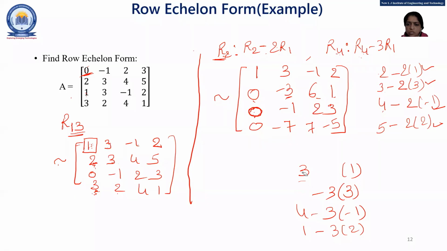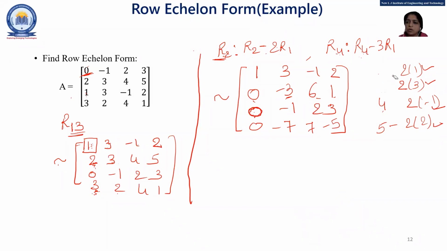Okay. So these operations I do for converting all the elements below our leading element into the 0, right? Now I am going for the next column. Okay, no doubt.